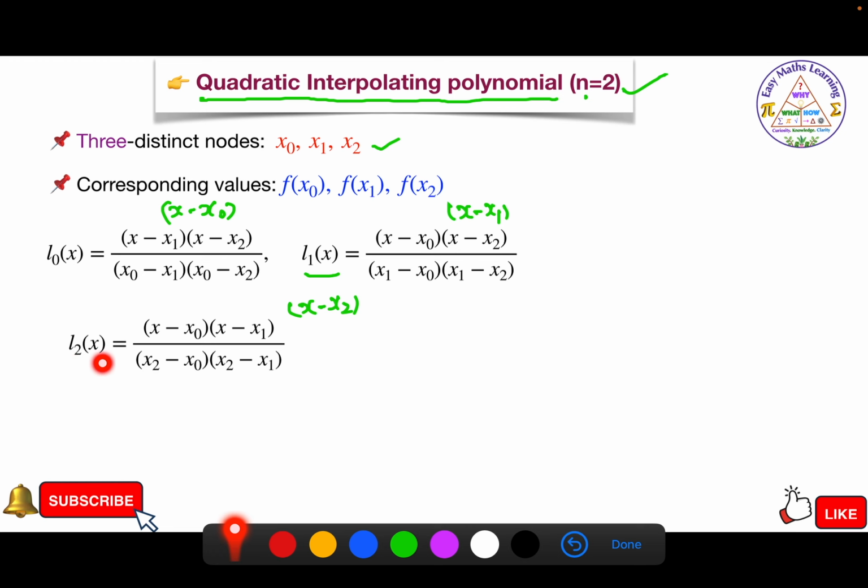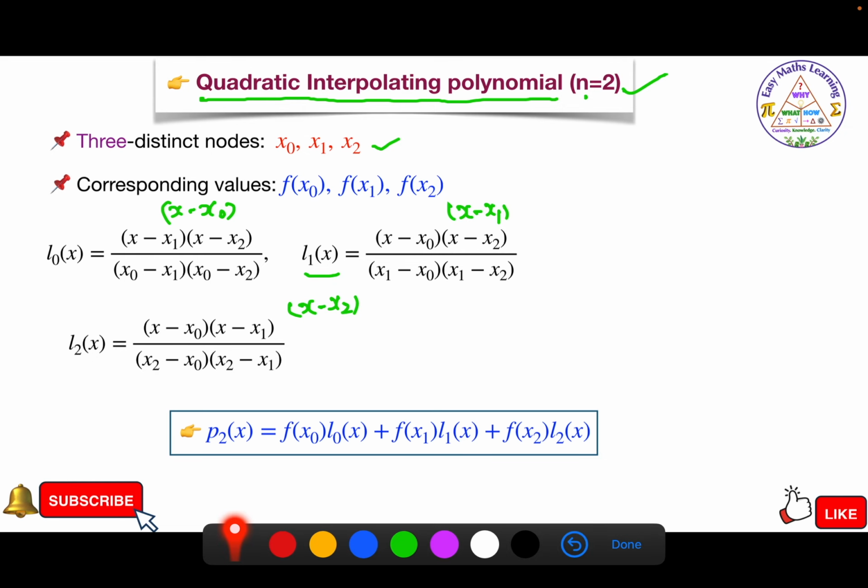Same for L2(x): it is 1 for x equal to x2, and it becomes 0 for other nodes, means for x0 and x1. Using these basic polynomials, we define the quadratic interpolating polynomial as P2(x) equal to f(x0) L0(x) plus f(x1) L1(x) plus f(x2) L2(x).